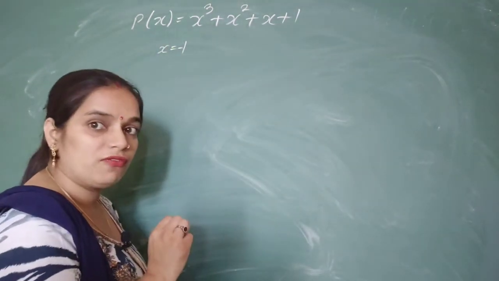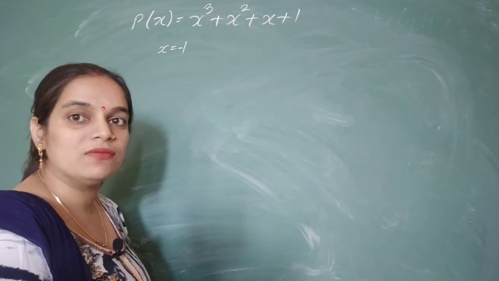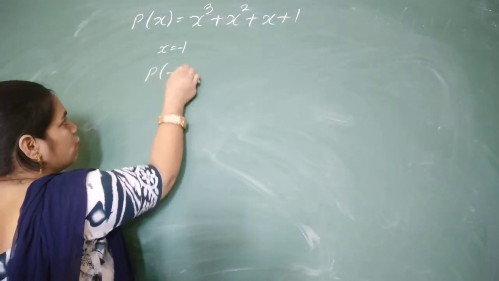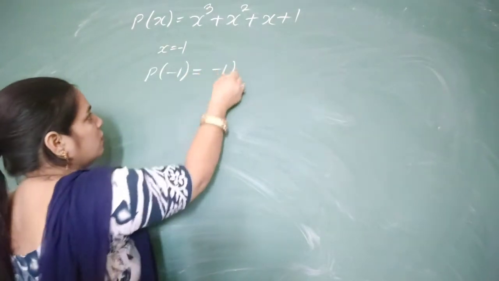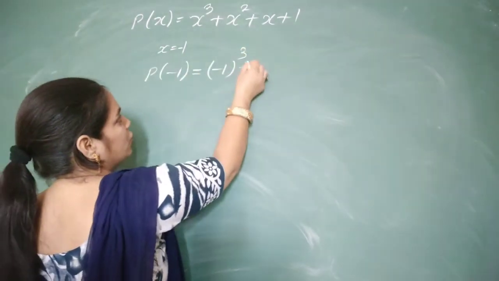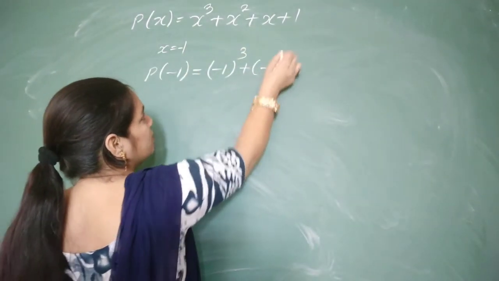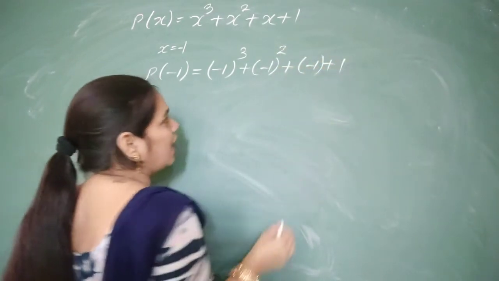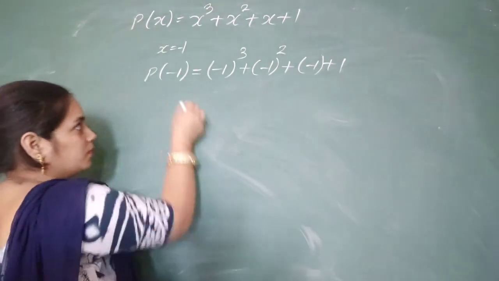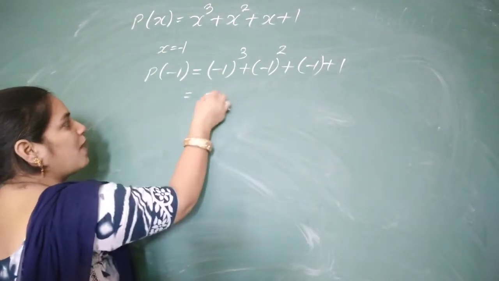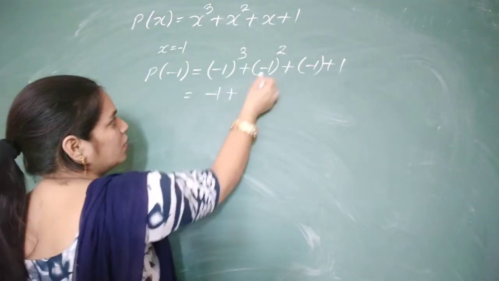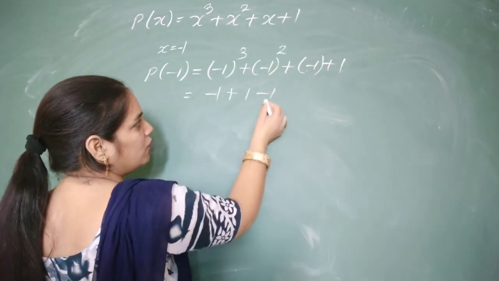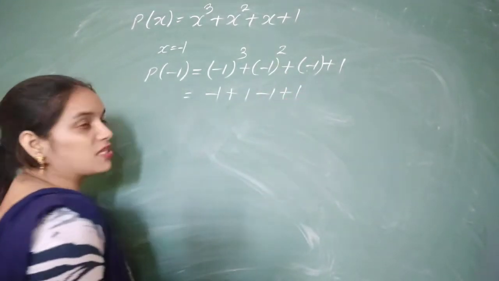Now we will try for the value x is equal to -1, whether the polynomial becomes 0 or not. Let's do it. We will put -1 at the place of x. Now cube of -1 is -1, square of -1 is +1, plus minus minus, so we will take -1 and the last term is +1.